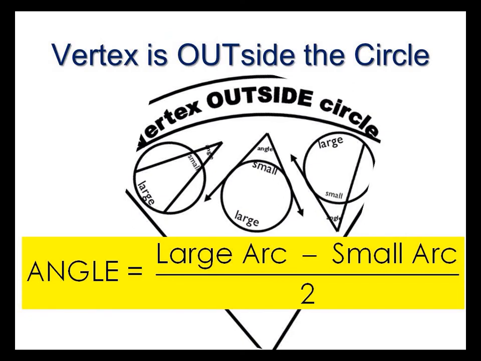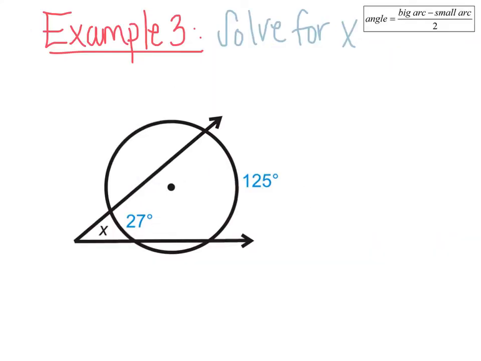Our next one is when the vertex is outside the circle. So you see here we have 3 different examples of how the angle is represented outside the circle. So in any of these cases here, you would take the angle equal to large arc minus small arc divided by 2. So our next example, we'll be looking at the new formula up in the top corner here. The large arc minus small arc divided by 2, or the big arc.